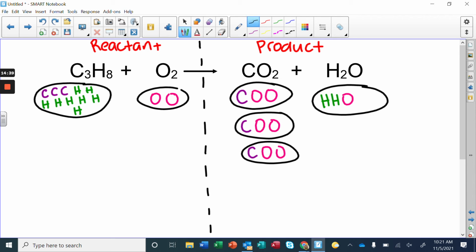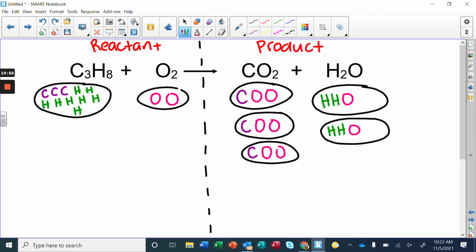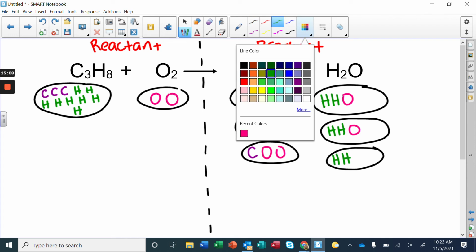On the reactant side, I have 1, 2, 3, 4, 5, 6, 7, 8 hydrogens, and on the product side, I only have 2. So I need to add more bubbles. I'll add a bubble here. When I do that, it gives me 4 hydrogens. But I need 8, so I'm going to have to add some more. Add another bubble. We have 5, 6.